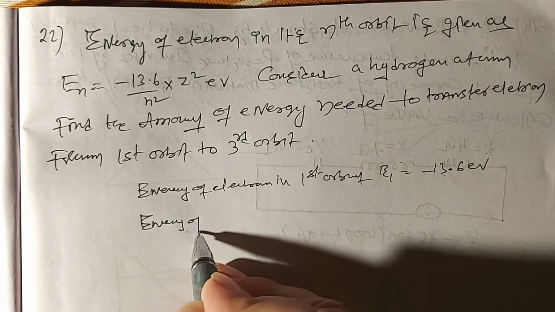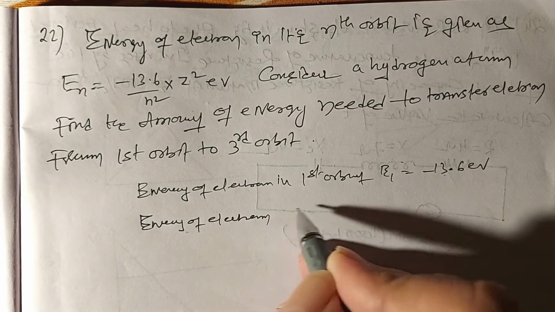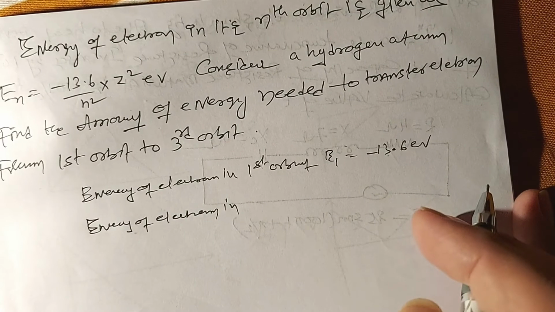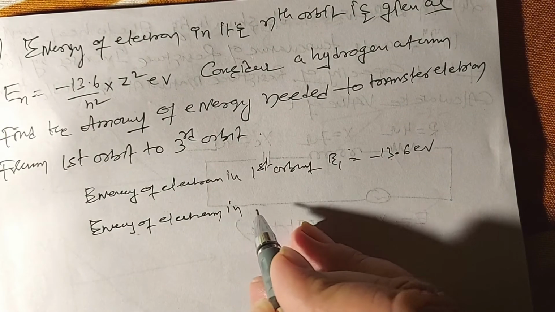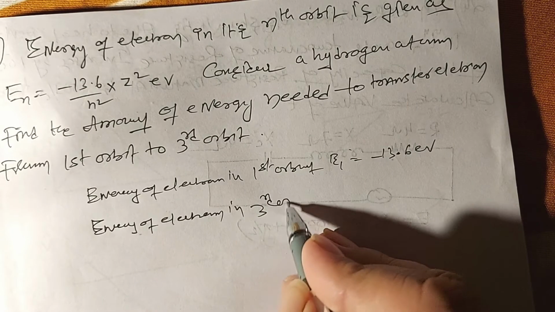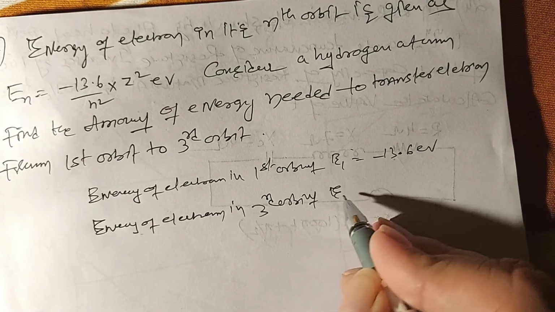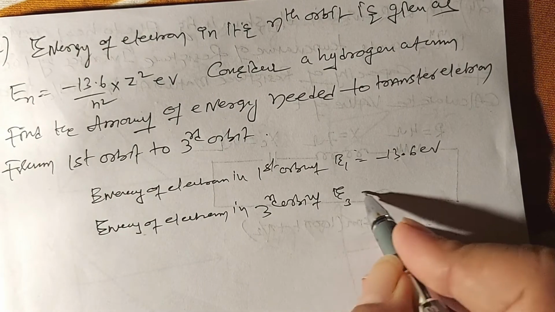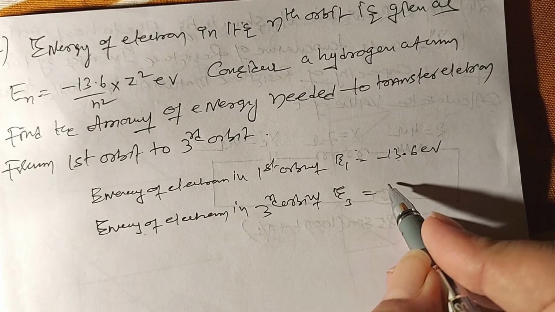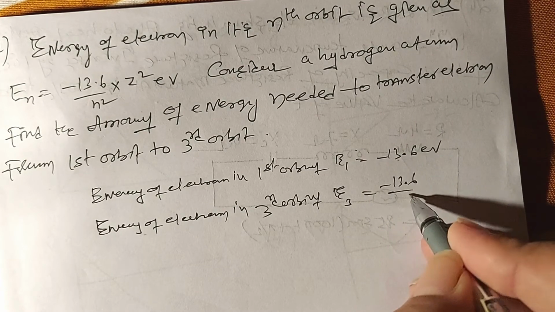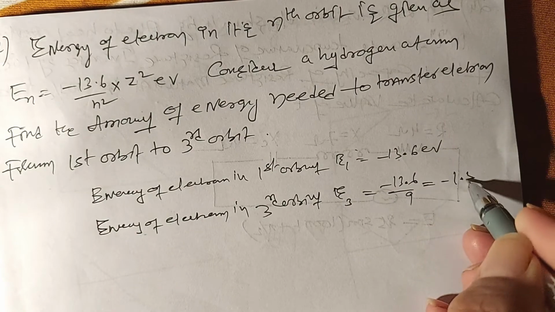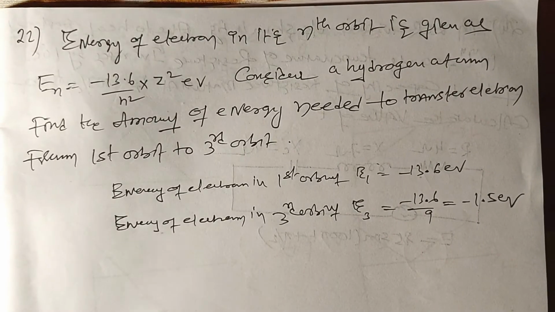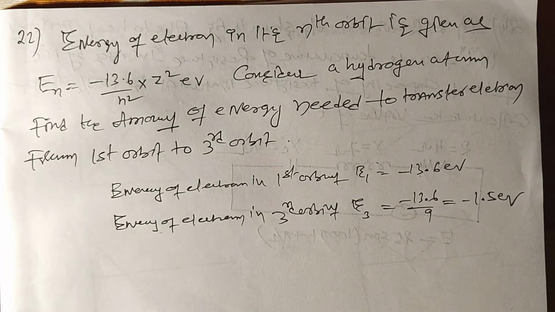Energy of electron in third orbit, E3 is equal to, what we get here, minus 13.6 by 9, that is equal to minus 1.5 electron volts. Right.